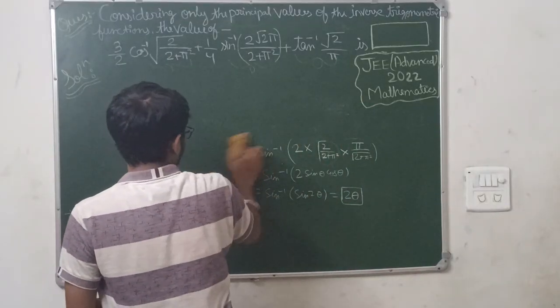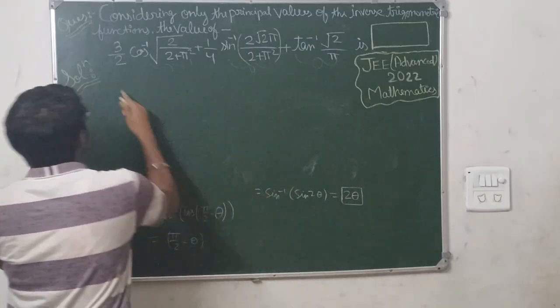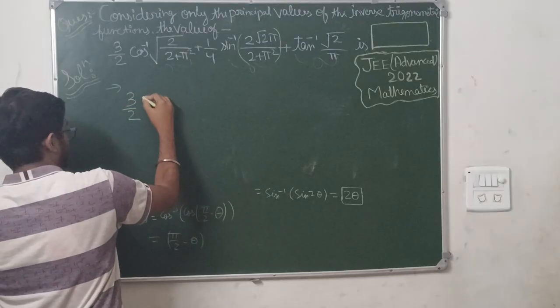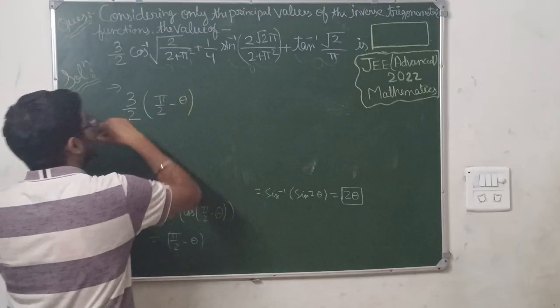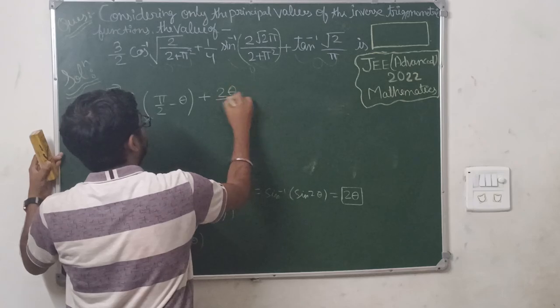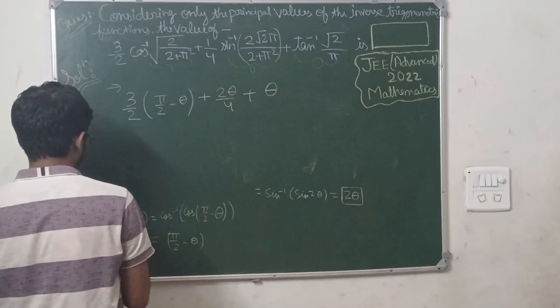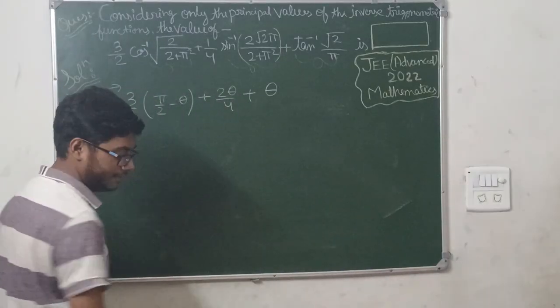See what we have assumed here. We have 3 by 2 times pi by 2 minus theta, plus 2 theta by 4, plus theta. So the equation is simplified. Very easy.